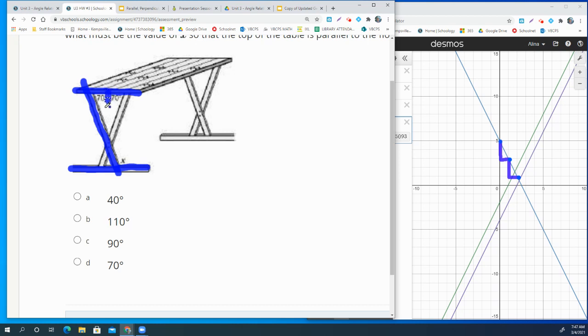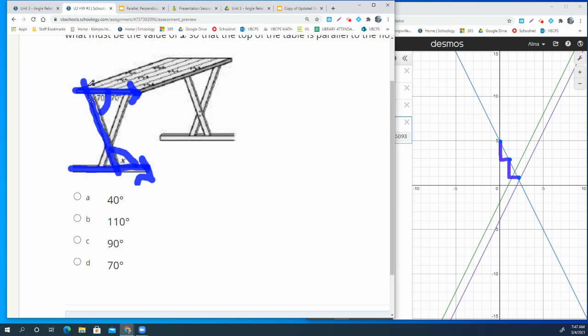How is this 70 and this X, how are they related? Are they congruent or are they supplementary? Are they same side interior or alternate interior? They're alternate, they're on opposite sides of the transversal.